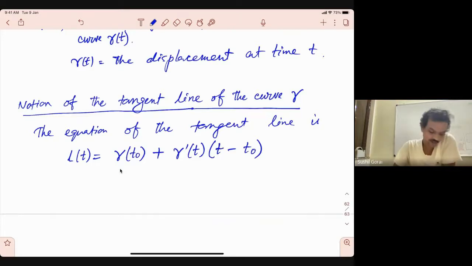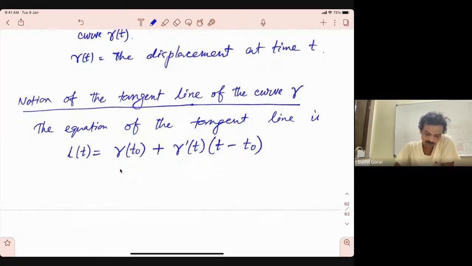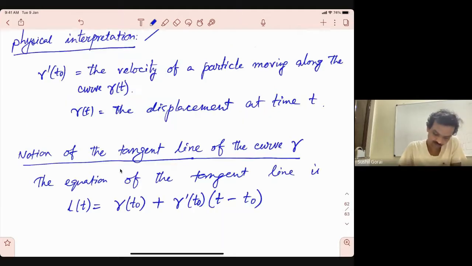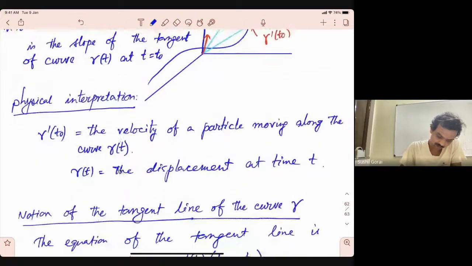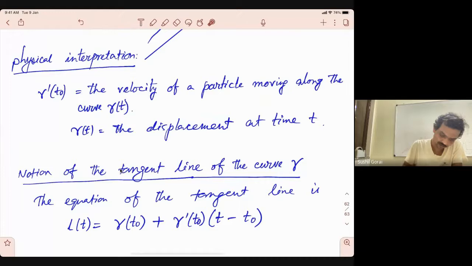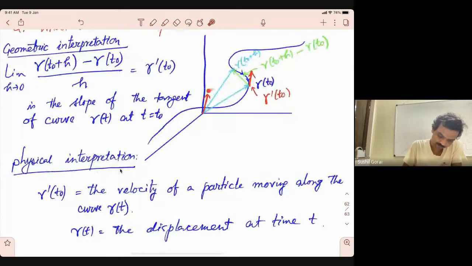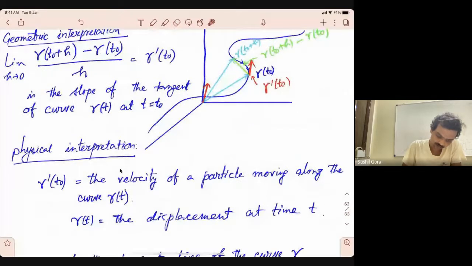All right. So gamma prime t naught into t minus t naught. The point is, you look at the vector gamma prime t, which applies here, and this point is gamma t, right?